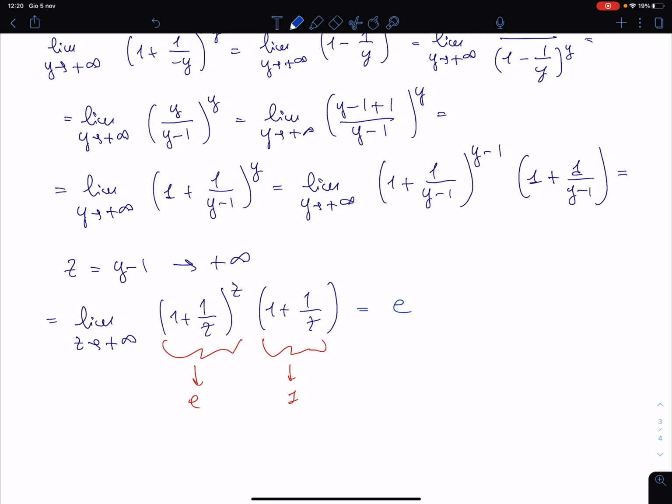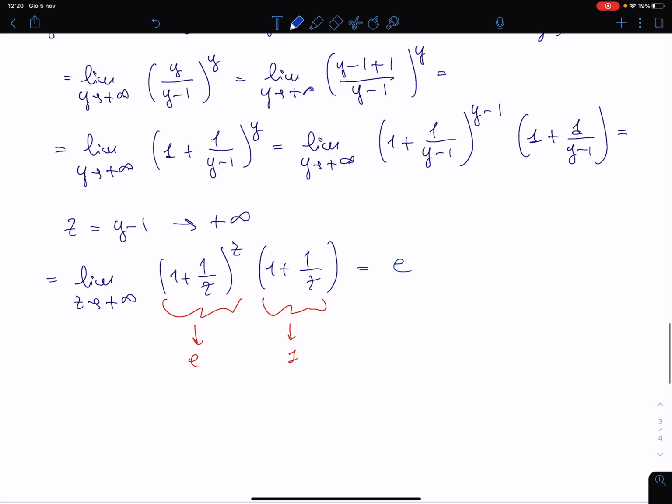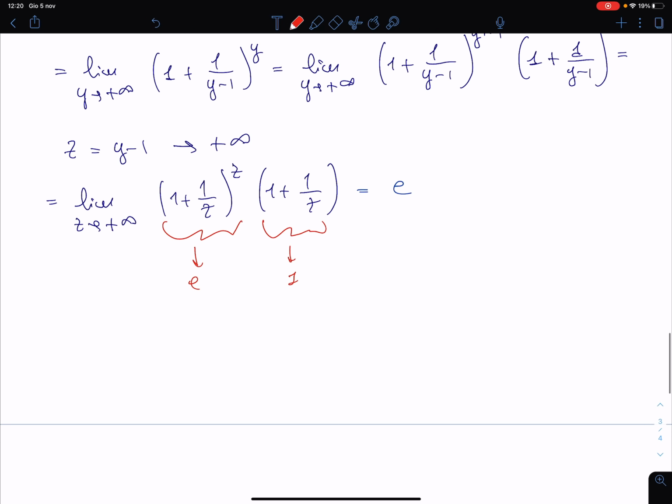Before going to the next topics, I want to stress another factor, a small chapter, which is how to prove that a limit does not exist.